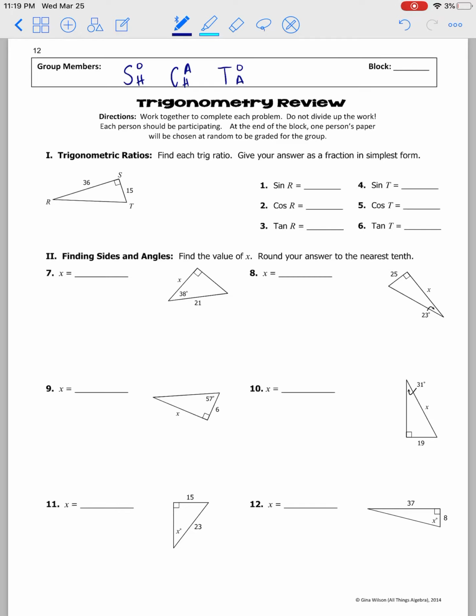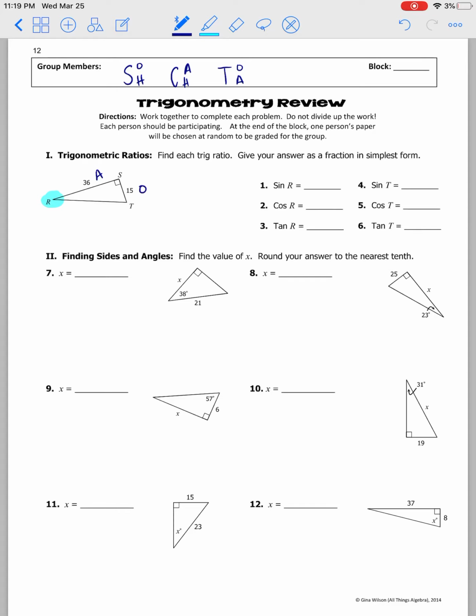So first we're going to talk about angle R. Let's make sure that that's highlighted, ready to go, and identify what all of the sides are in relation. Across from it, 15, that is opposite. Adjacent to it, 36, that's adjacent. And you actually do not know the hypotenuse right now, but you absolutely can find it. You should find it. I'm going to give you a second to do that.